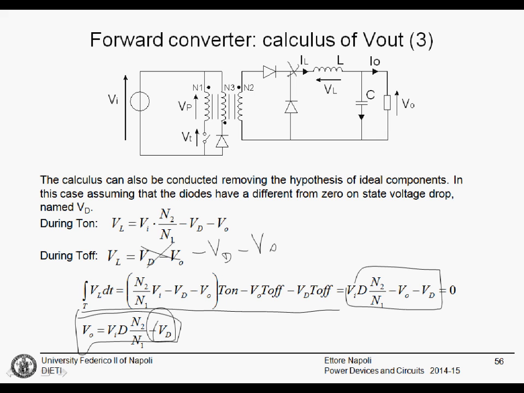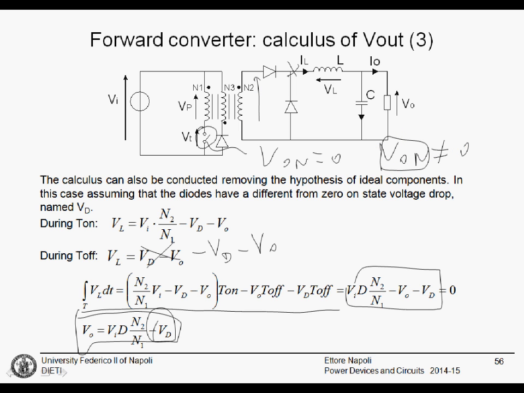Another possibility, a very simple one, is removing the hypothesis that this V on is equal to 0. We can say that V on is different from 0. This would be very simple also, because the only difference would be that the primary voltage is not VI when the switch is on, but will be VI minus the on-state voltage drop.